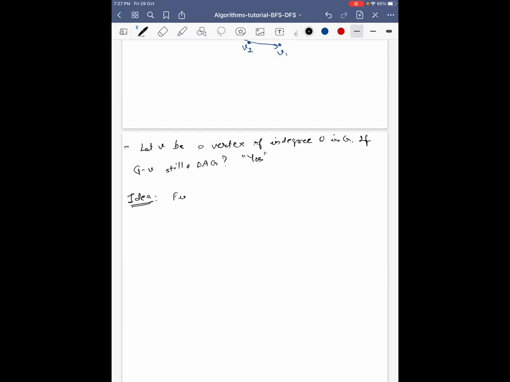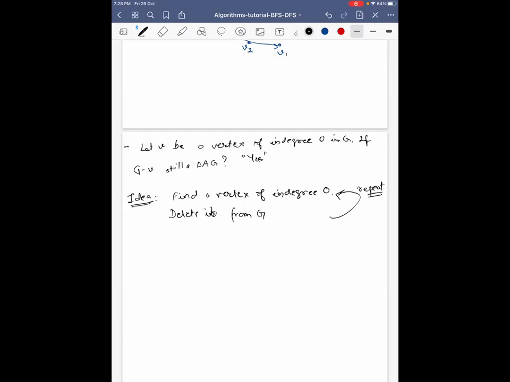That's the whole idea: if the in degree of a vertex is 0, that means there is no prerequisite task for that particular task. So you can schedule all of them independently. Right. So find a vertex of in degree 0, delete it from G, and then you repeat.